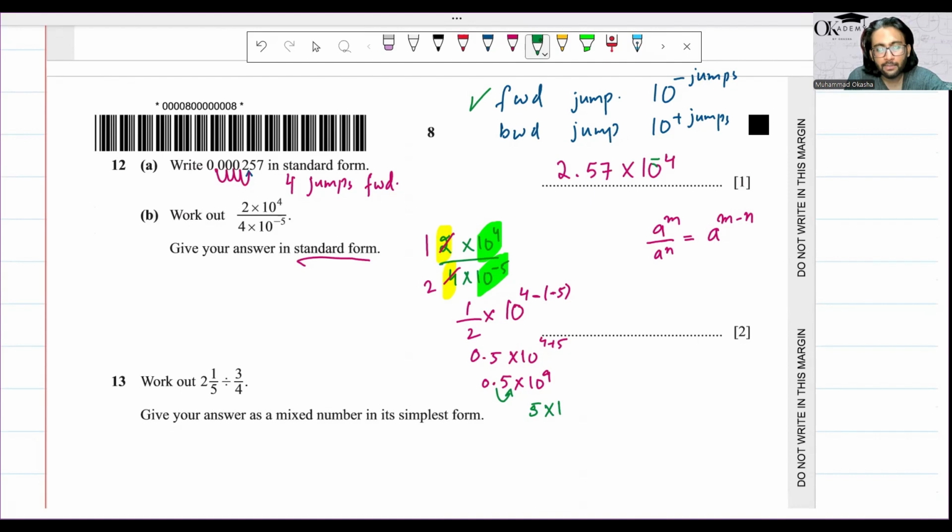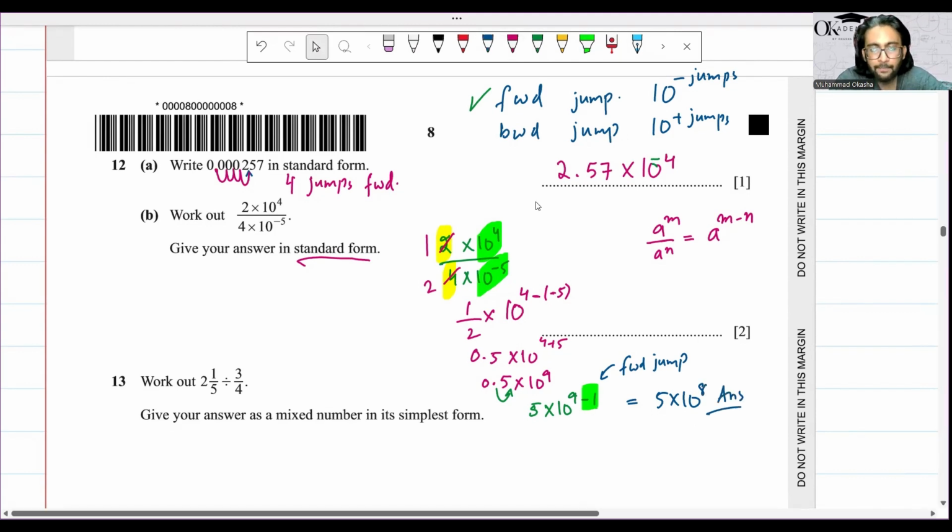So 5 times 10 to the power, if I do the forward jump, the decimal point will now be after 5, right? And this will lead me to do a -1. Why did I do a -1 over here? Because I took a forward jump. Okay, so 5 multiplied by 10 to the power 9 minus 1, which is 8. This is my answer. Yeah, I know. It feels a bit weird, but that's how it is.